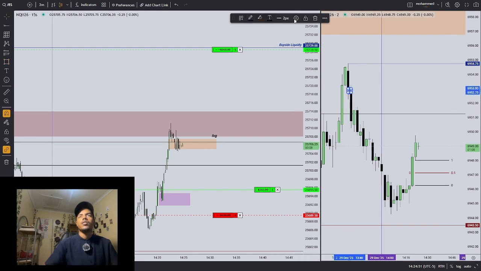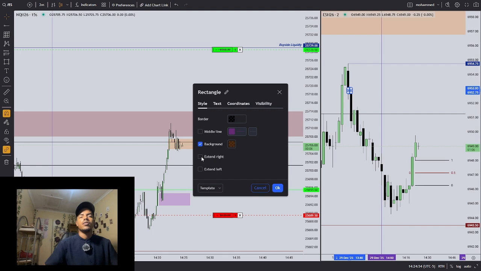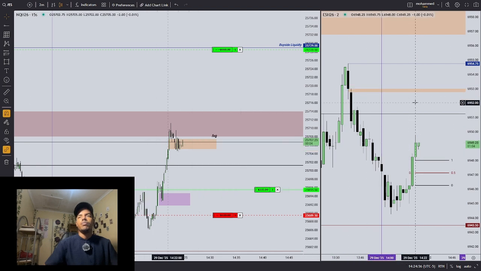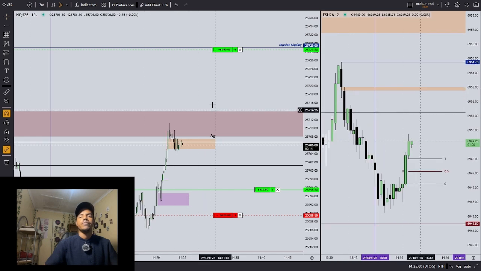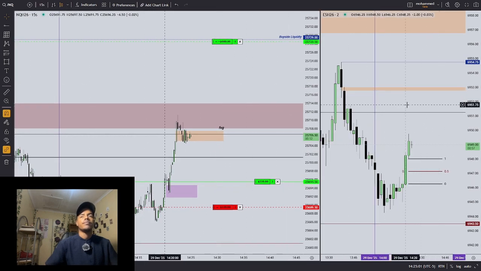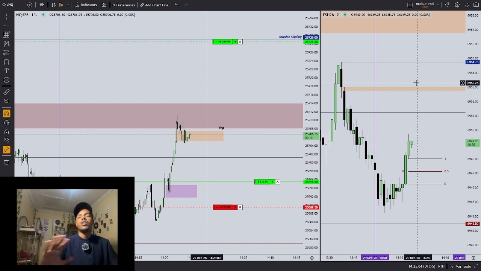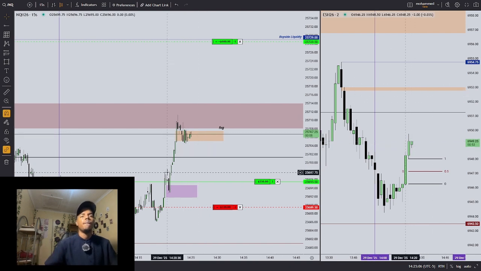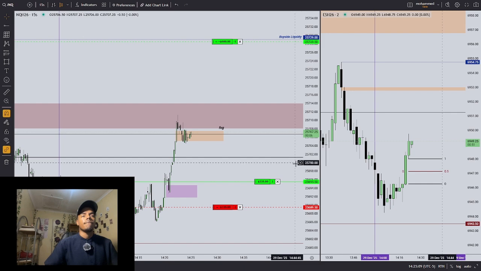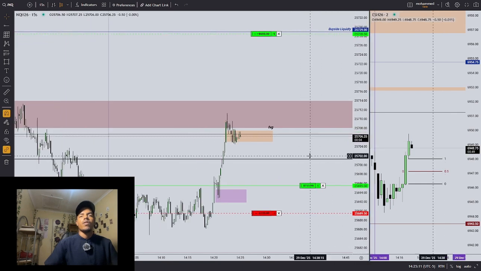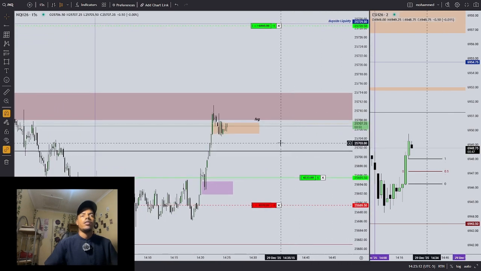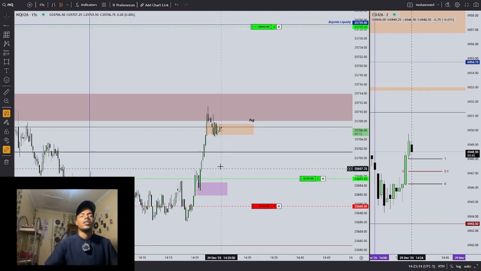So I'll also mark the imbalance for ES. That's a potential target as well. I'm marking all the areas. This is just me going through the analysis, checking step by step.